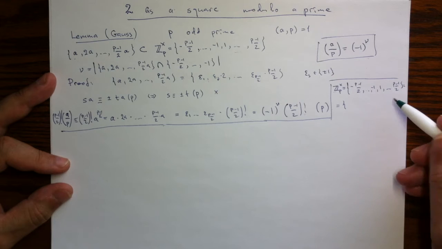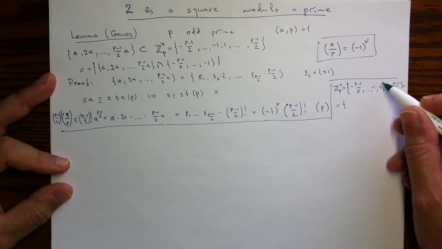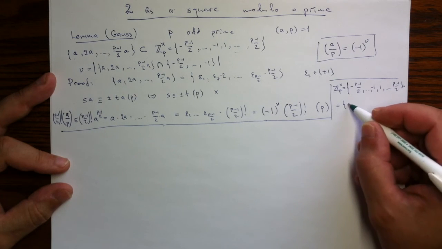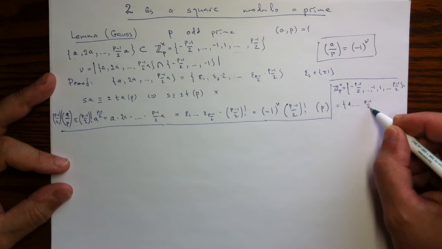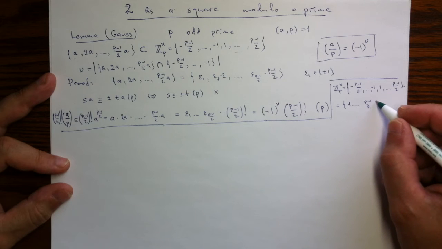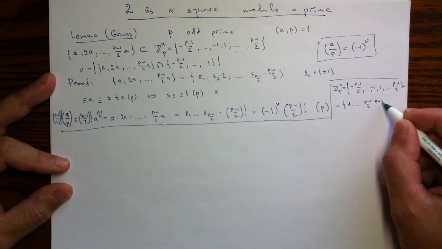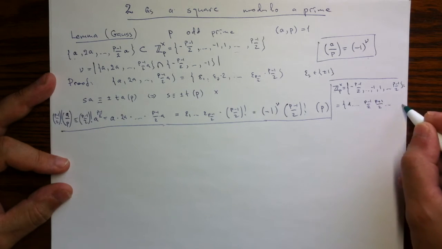What we will have is, I'll just write the ordinary set of remainders, and I'll split it in half in the middle, and the middle will be just between these two numbers.